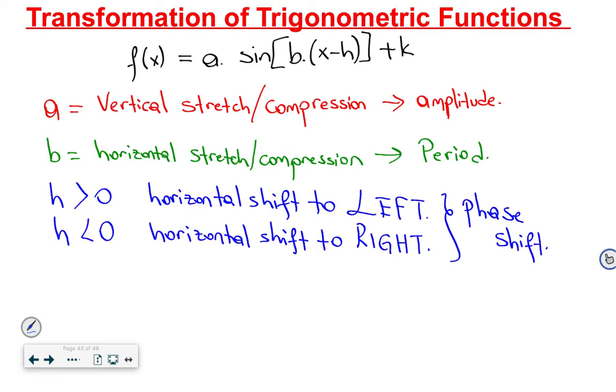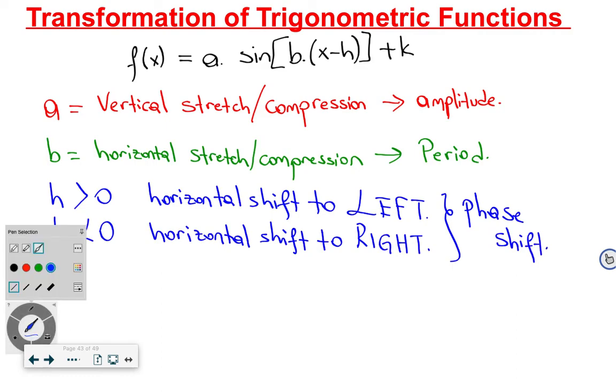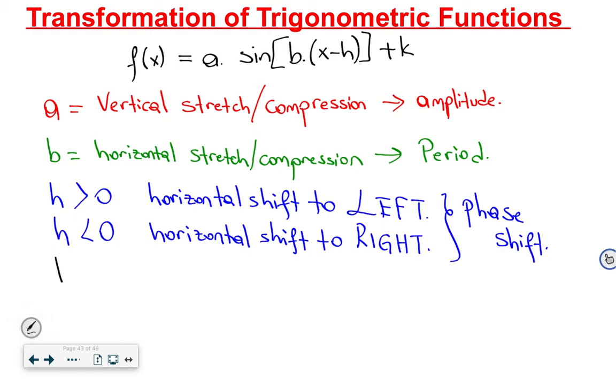You will see that. And the last one is vertical shift, which means k. If k is greater than 0, it's going to be a vertical shift up.